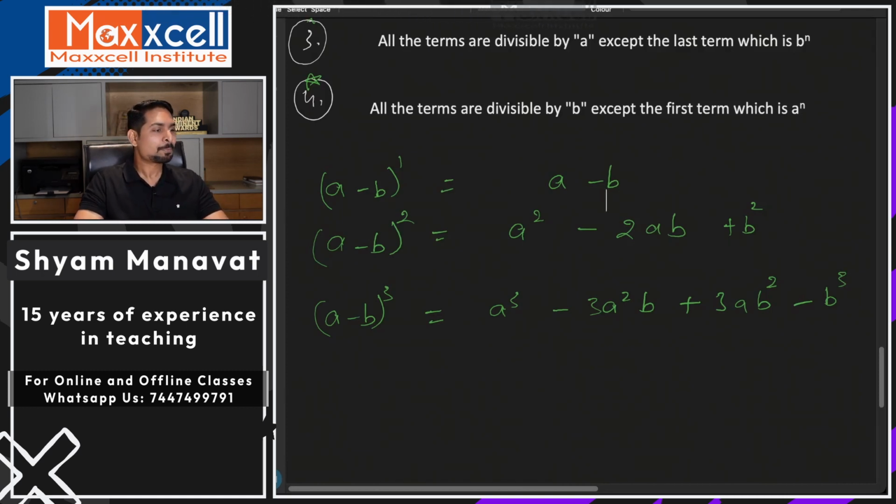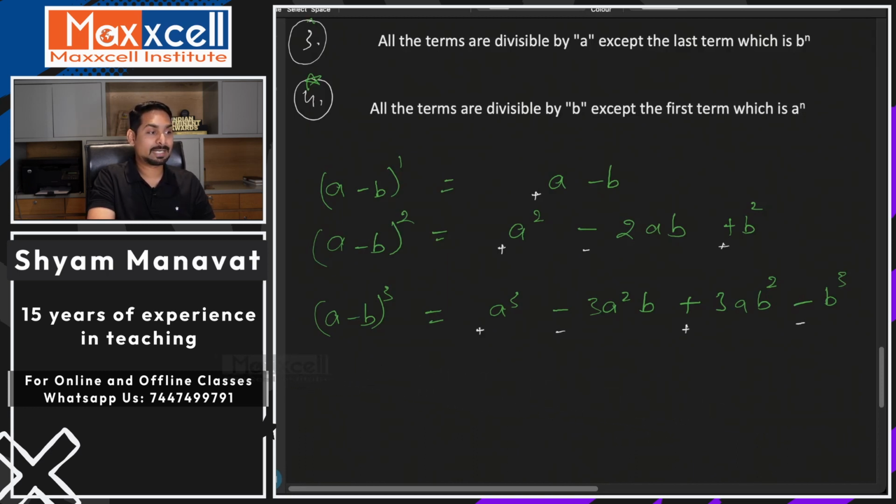You may call it something else, but let's use a common term so that we can connect. So, if you try to generalize, you will understand that this sign is alternate, like first term is positive, second term is negative. First term is positive, second term is negative, third term is again positive. First term is positive, second term is negative, then again you got positive, and then again you got negative.